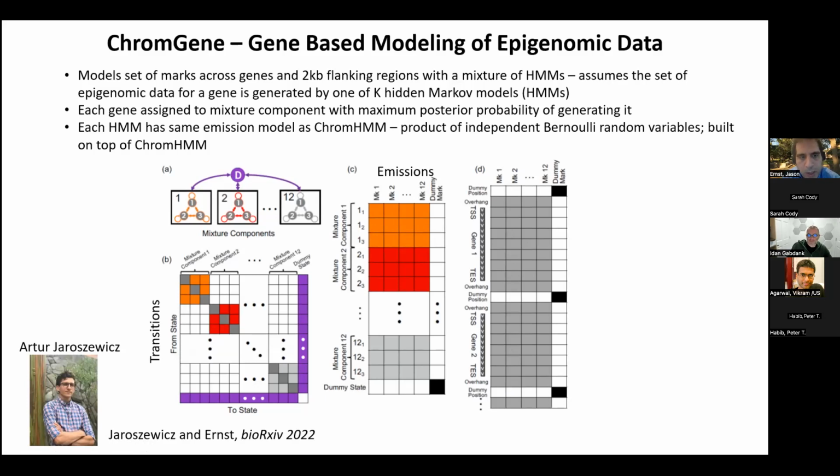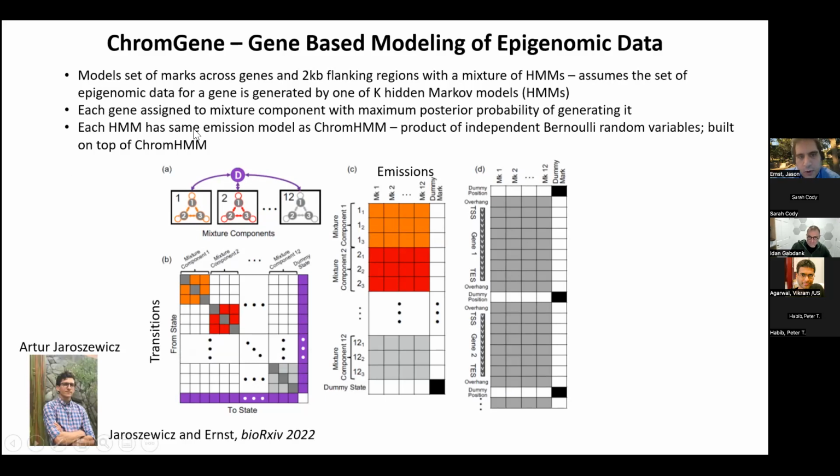These hidden Markov models have a relatively limited number of states; we have 3 states per hidden Markov model. We learn the parameters of these models de novo from the data, and then assign each gene to its most likely mixture component.